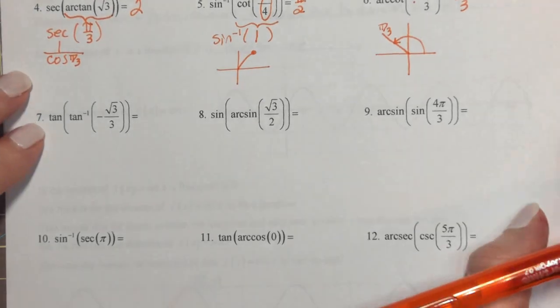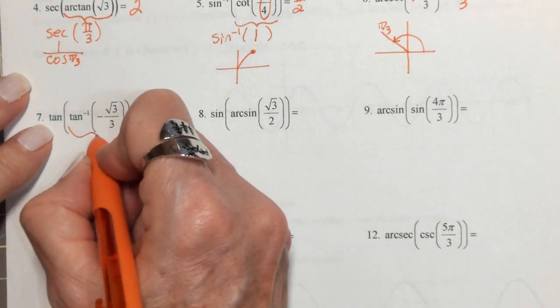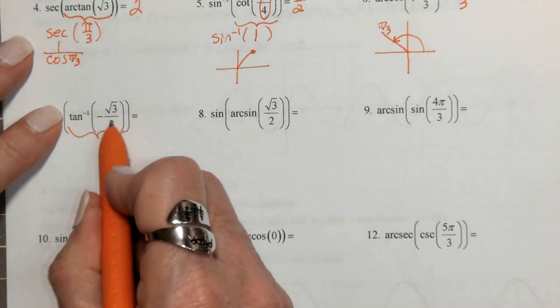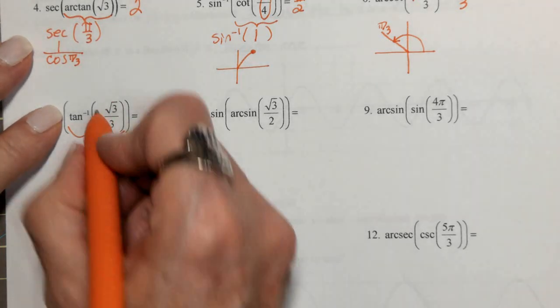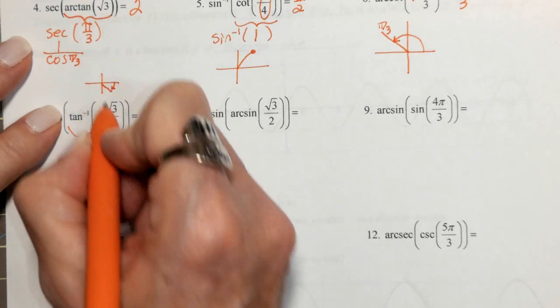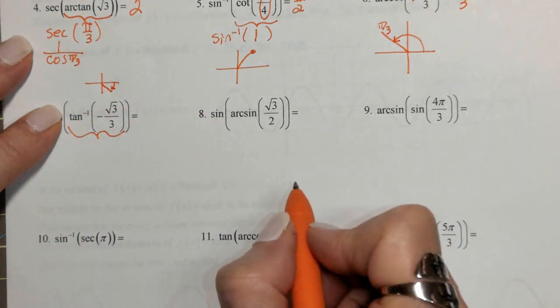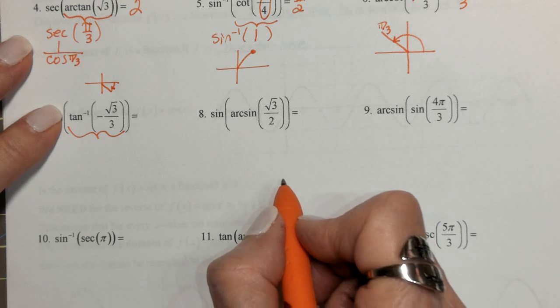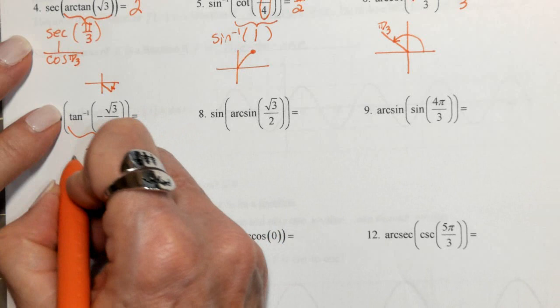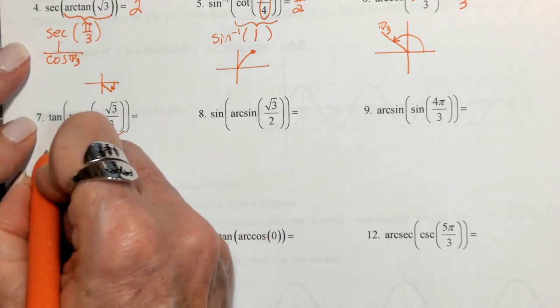Number 7. Inverse tangent of a negative square root 3 over 3. It's inverse tangent, so we go down backwards into quadrant 4. And so that's going to be a negative pi over 6. And now we need tangent.